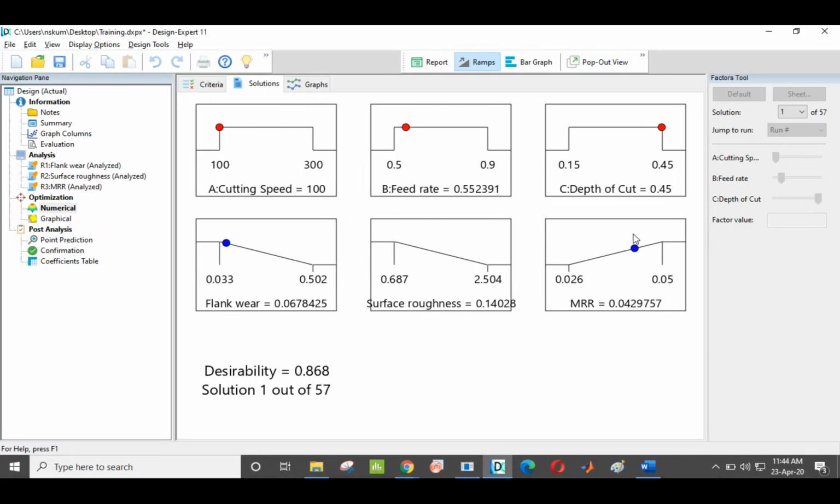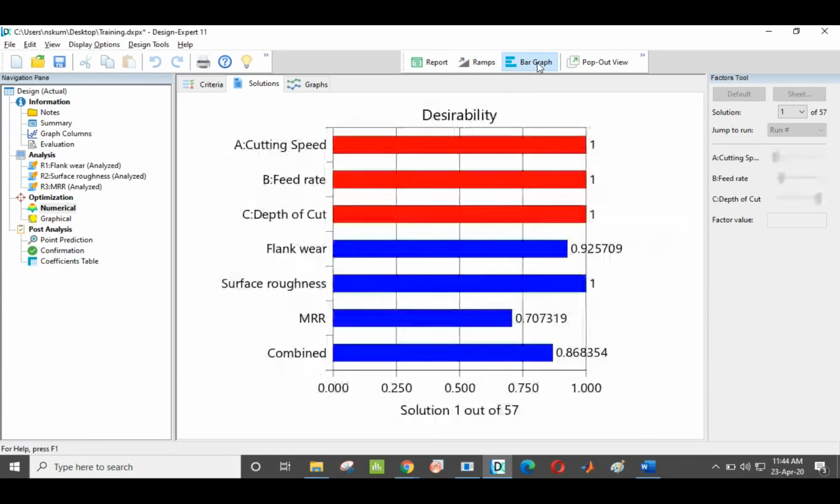MRR is 0.04. Here you can see the desirability value is 0.868. That's good only because here we are going for multiple objectives. On the top we can see the bar graph. So this is 0.9257, then 1, then 0.70.